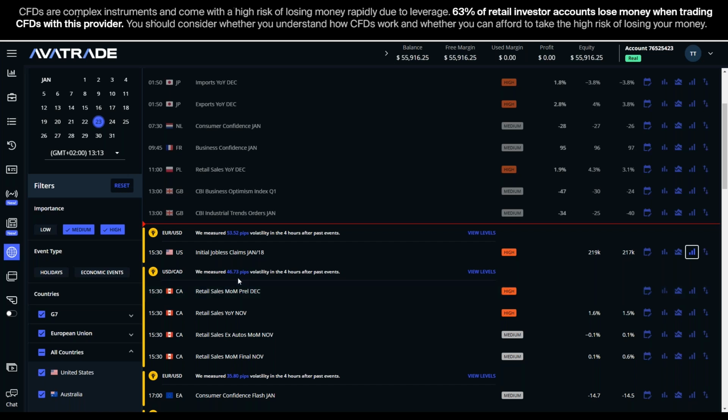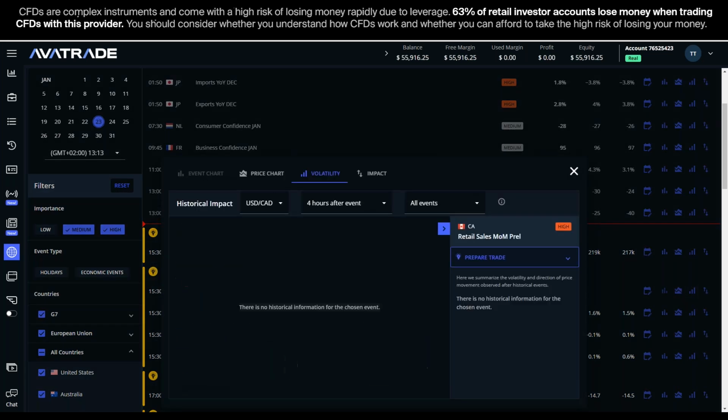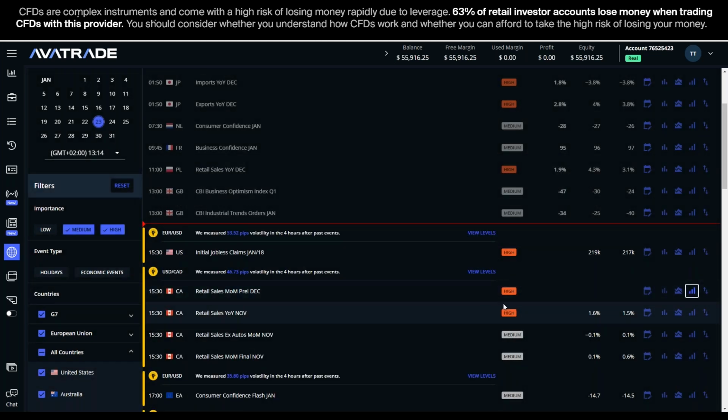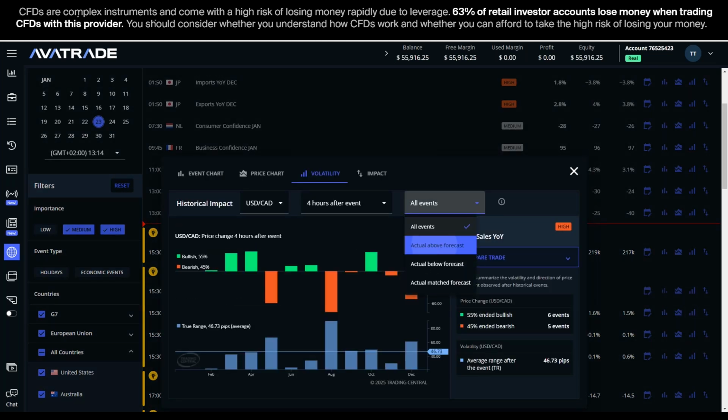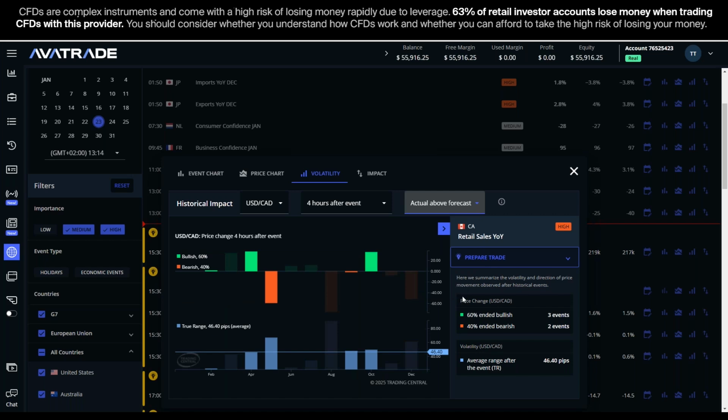Okay, and I think maybe there's a Friday announcement that we could look at out of Canada, but just as an example, if I show you this Canadian announcement, which is high level but at the same time as the US announcement, and it comes in above forecast, actually that data was missing on that one, but let's look at the year over year out of Canada. If we look at this coming in above forecast, it's 60-40.